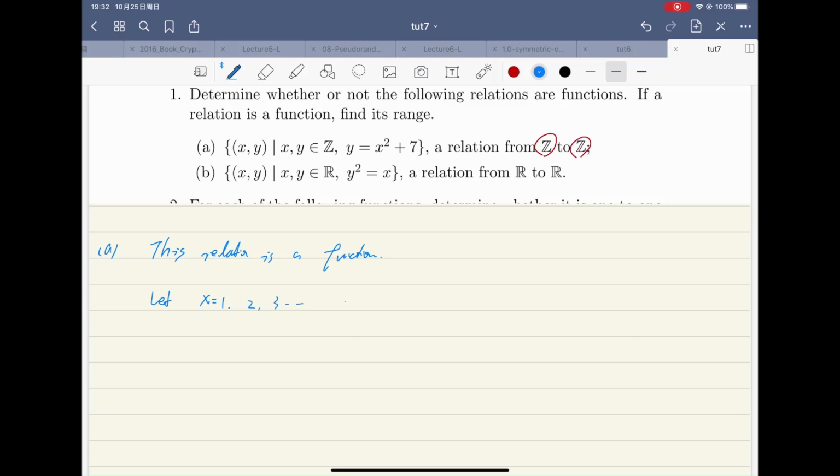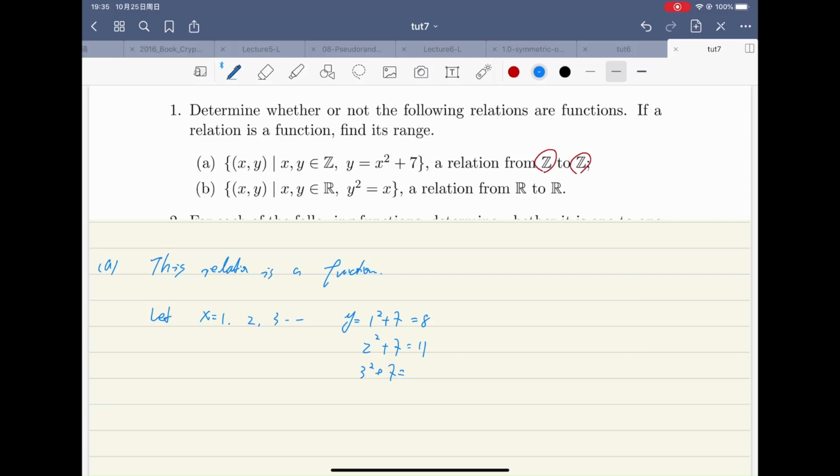We get y equals 1 squared plus 7, which equals 8. 2 squared plus 7 is 11. 3 should give 16, right?